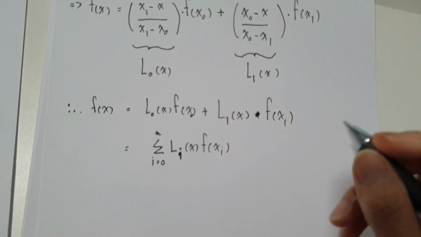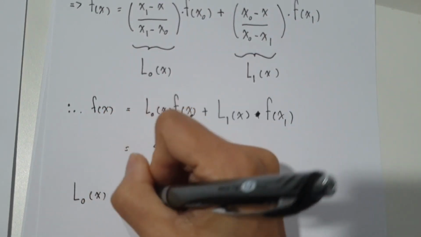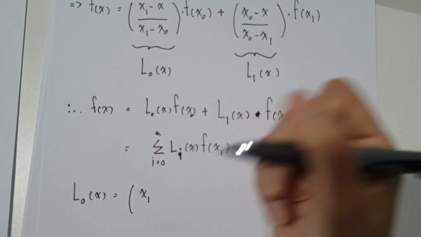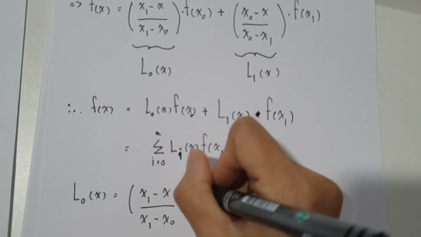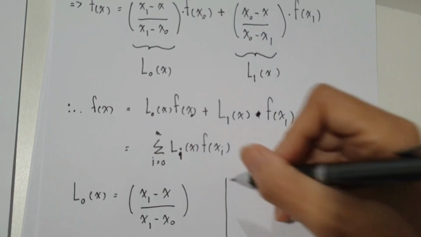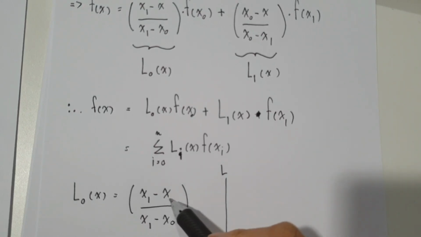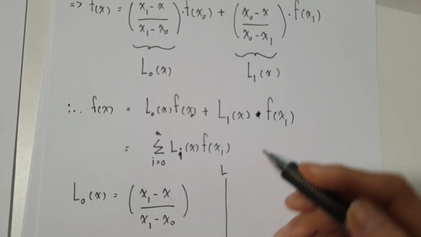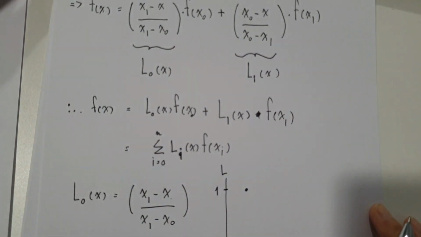From this equation, L0(x) equals (x1 minus x) over (x1 minus x0). If you plot the graph between x and L, at x equal to x0, you get (x1 minus x0) divided by (x1 minus x0), so you get 1 for the L term.